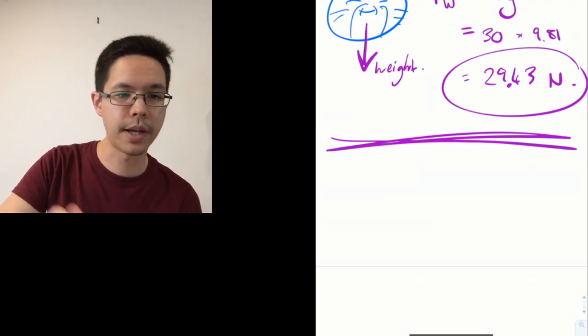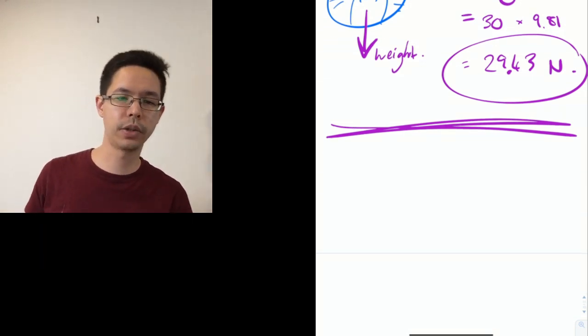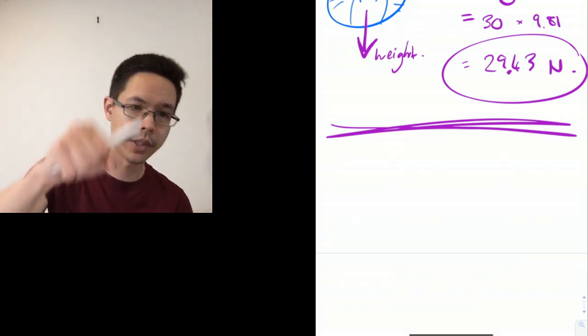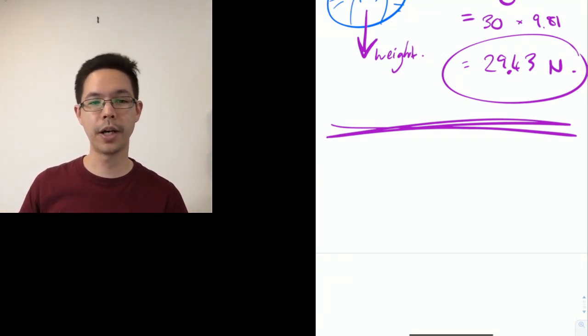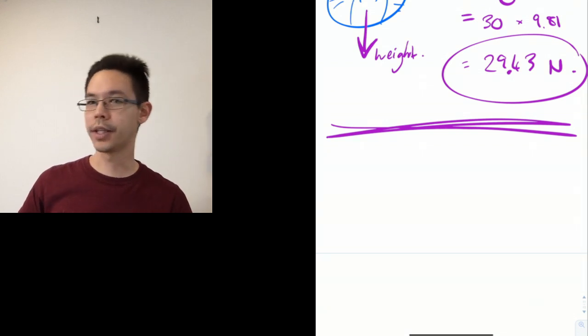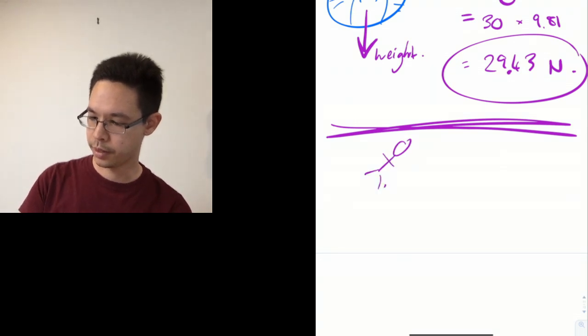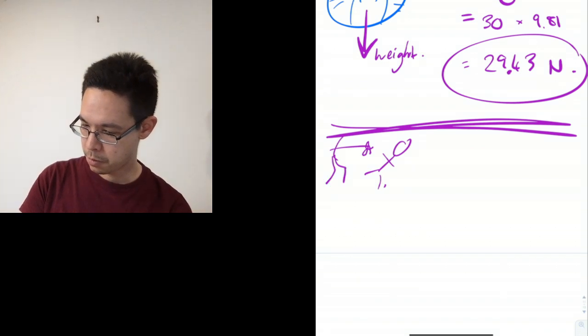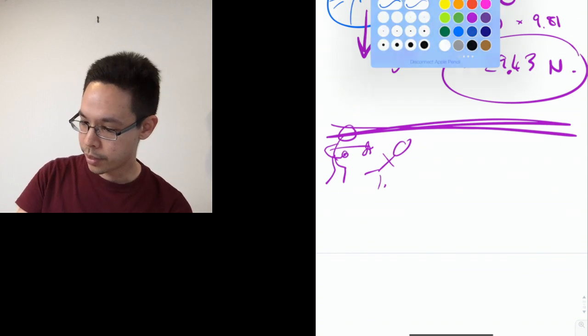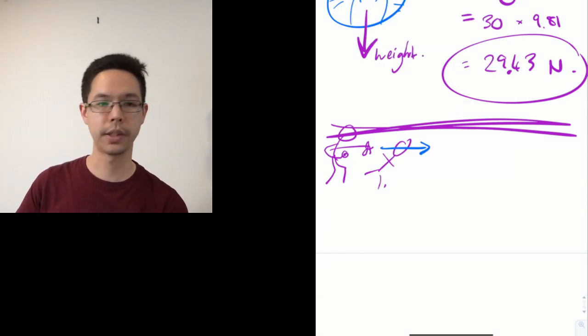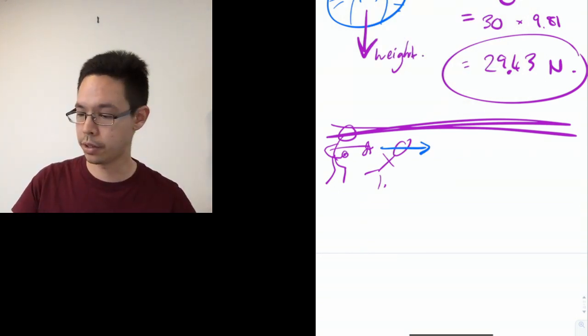Next one, Alex asks, what are some examples of contact and non-contact forces? Contact would be like punching you in the head. Non-contact might be the Earth pulling you to the ground after I've chucked you out of an airplane. So here is you, here is me. I have hit you with a force, and that's contact because I must have made contact.